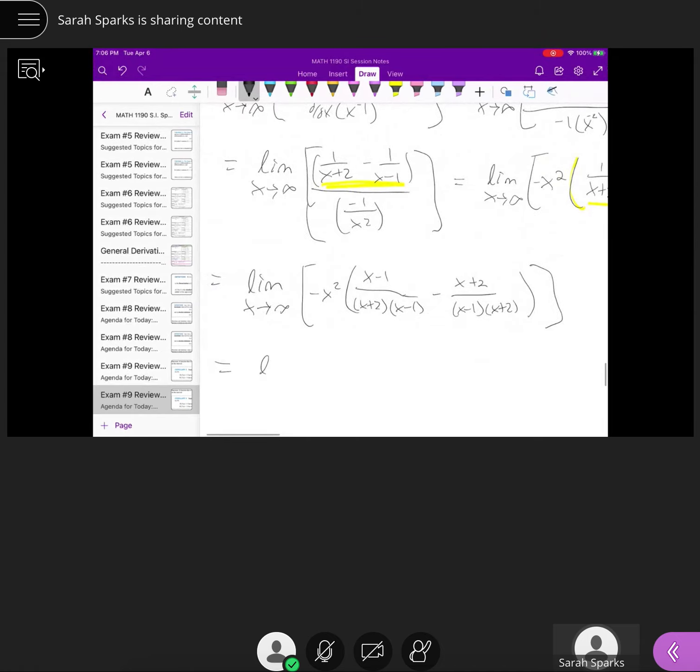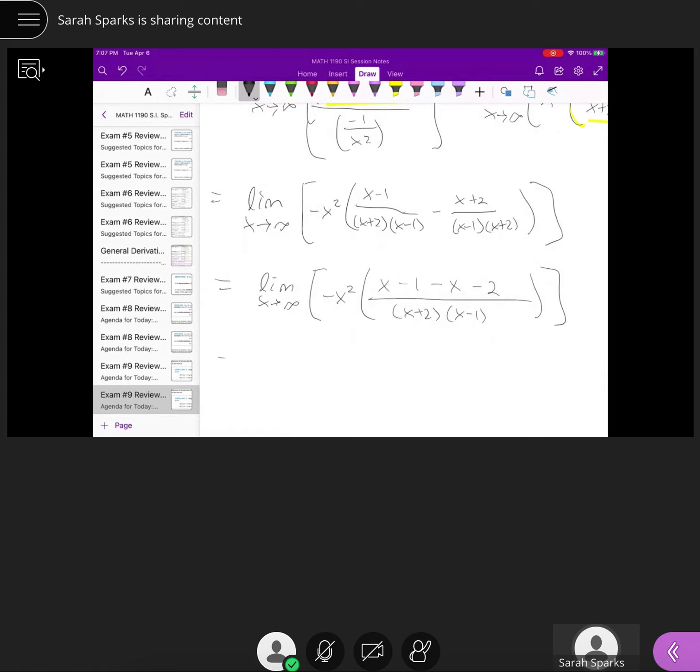And then we can combine those fractions since we found a common denominator. And then we get negative x squared times x minus 1 minus x minus 2 over x plus 2 times x minus 1.